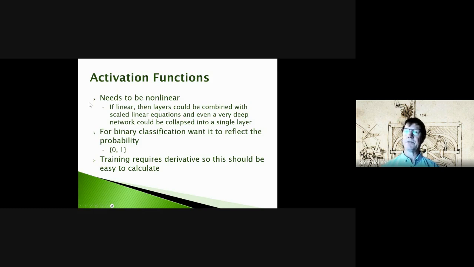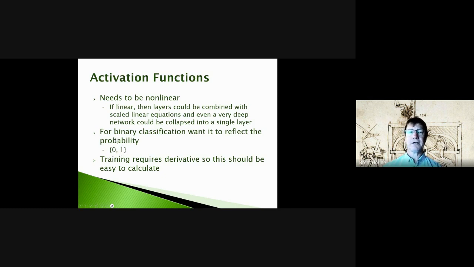Again, if you're studying machine learning, as a course, you're probably going to look at this theoretically and prove that it has to be nonlinear. But I'm going to ask you to trust me on this one. So for binary classification, we probably want it to reflect the probability from 0 to 1.